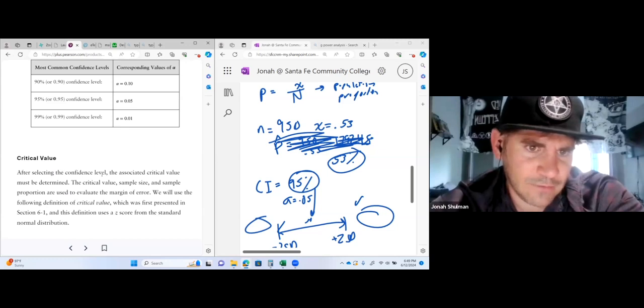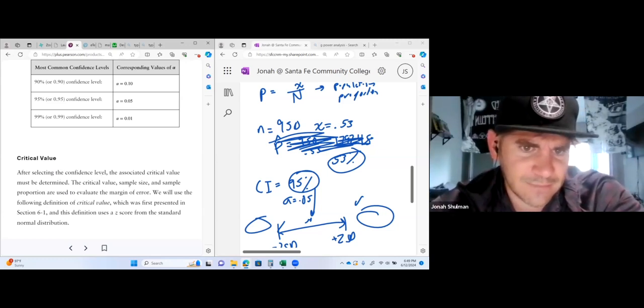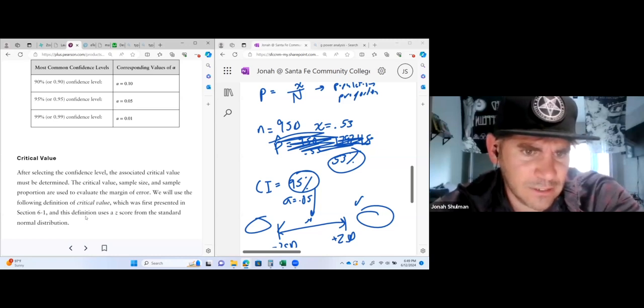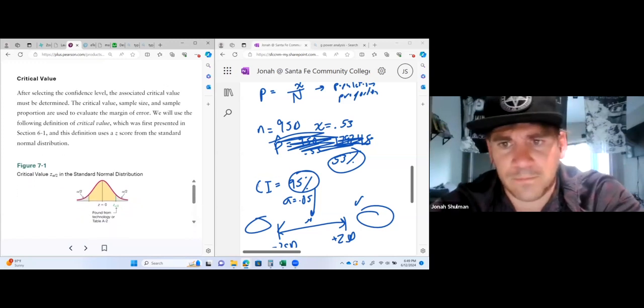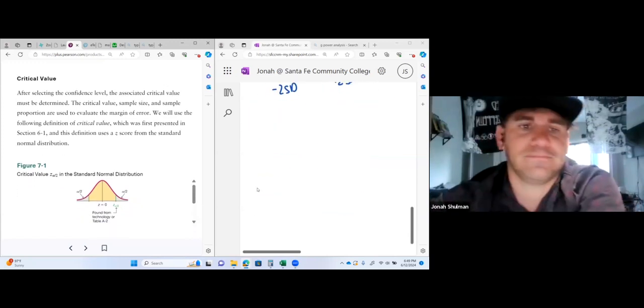So after selecting the confidence level, the associated critical value must be determined. The sample size, the sample proportion, error. We will use the following definition of critical value, which was first presented, and this definition uses a z-score for the standard normal distribution. Cool. So this is what they're trying to say.